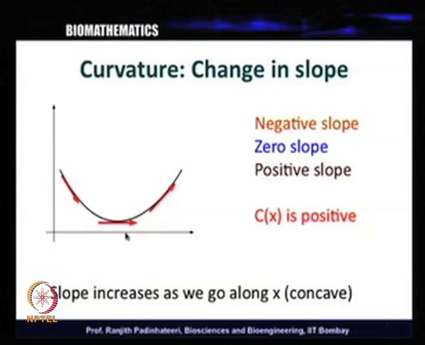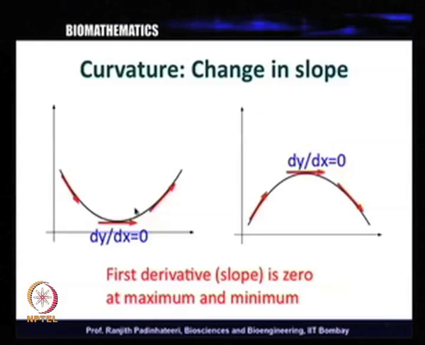So, now let us look at the next slide. We combine what we learned in the last lecture. Curvature is change in slope, and at this extrema, the minimum, dy by dx is 0 at this particular point. You calculate the slope, you draw a line which is touching this minimum point. This is called a tangent.